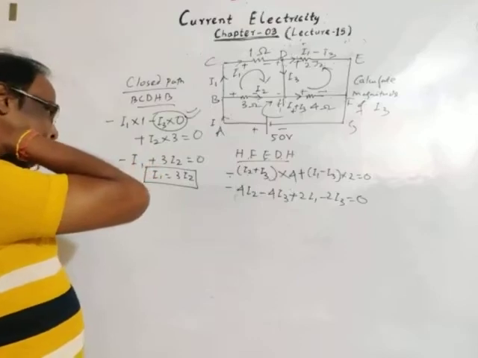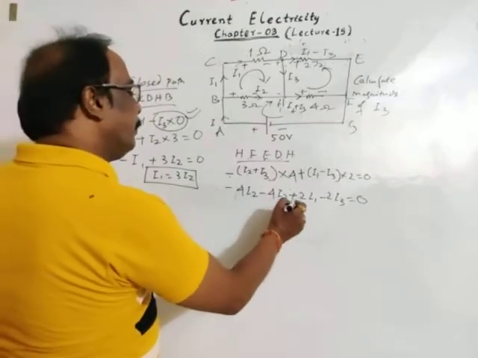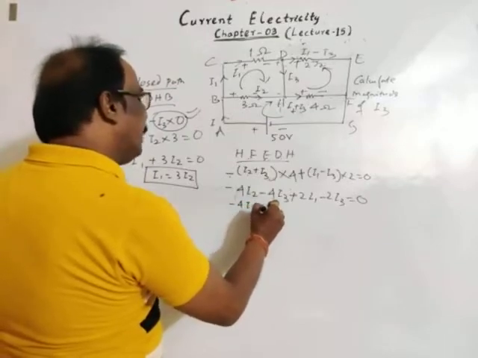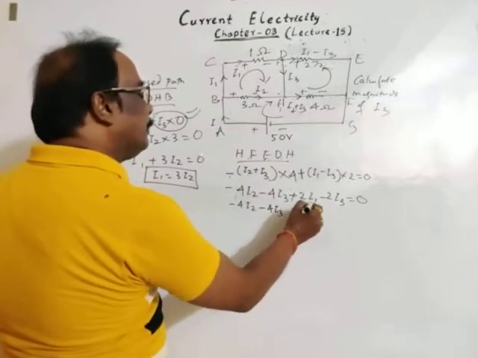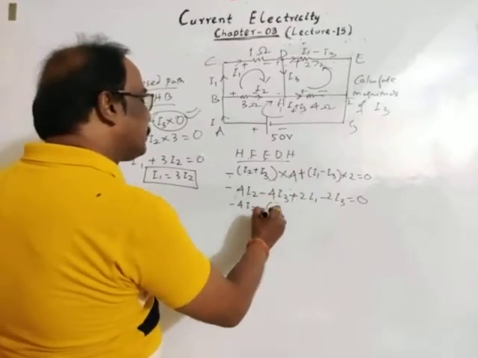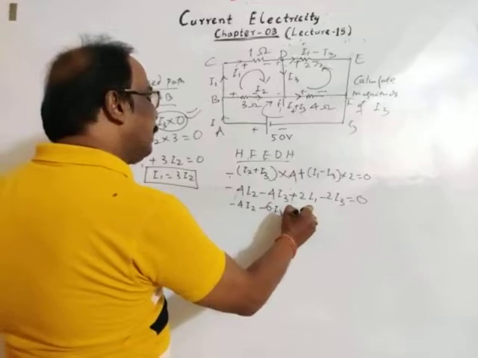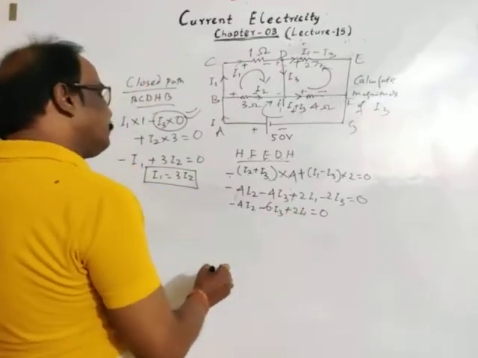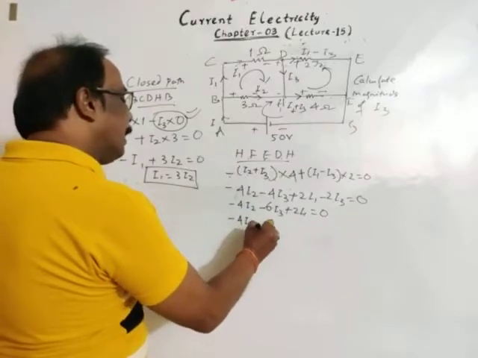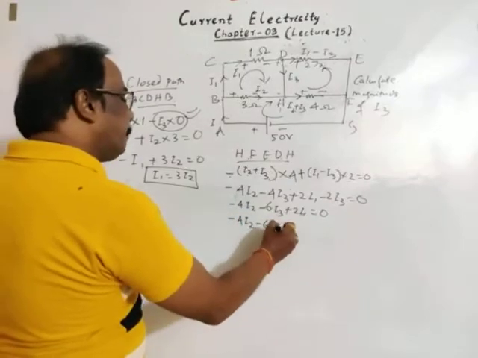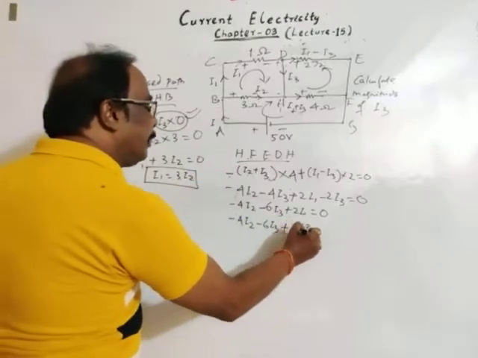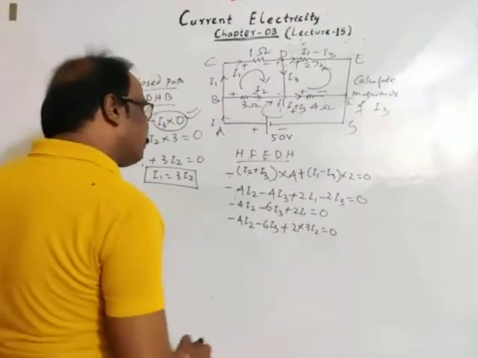Okay. So minus 4I3 minus 2I3, that is minus 6I3, plus 2I1 is equal to 0. Then minus 4I2 minus 6I3 plus 2 into I1, in place of I1 I can write 3I2, is equal to 0.